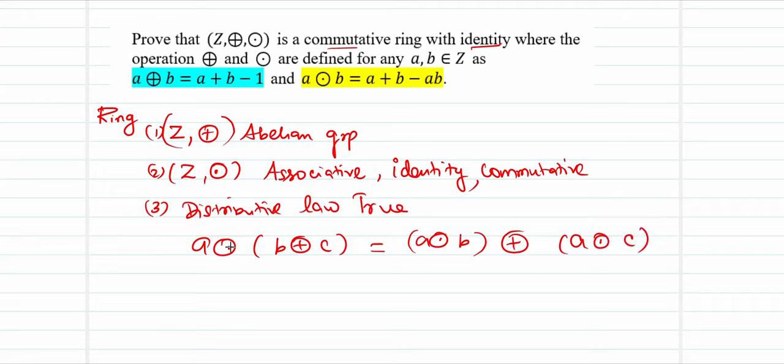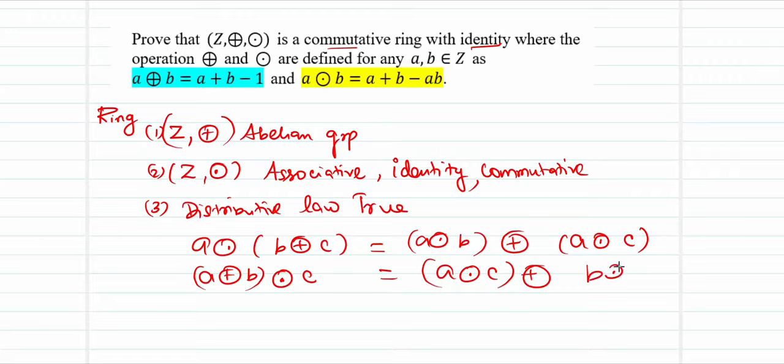And the second one: a plus circle b dot circle c will be the same as a dot circle c plus circle, the other way around, b dot circle c. So if all these quantities are shown to be true, then I can show that the problem is done.